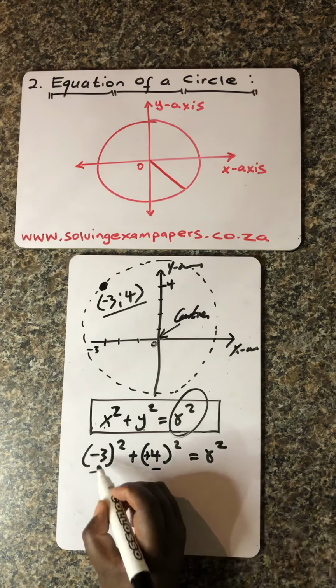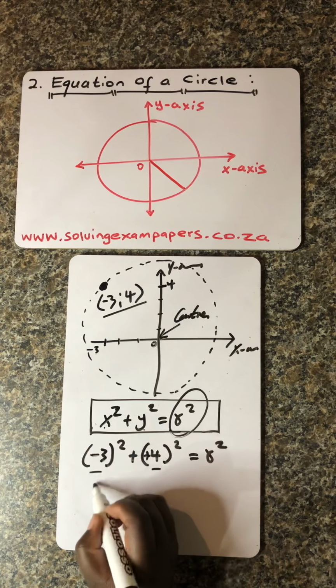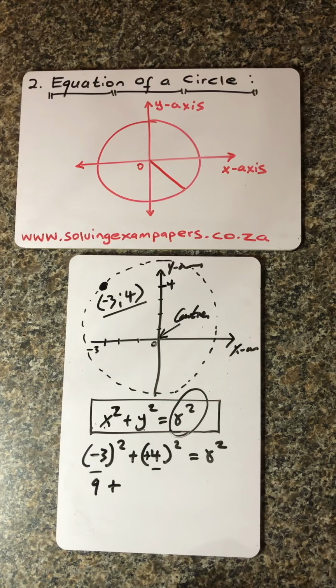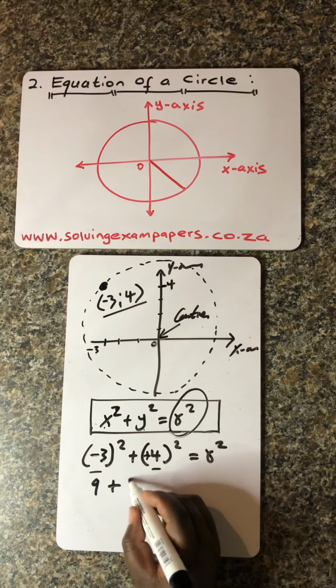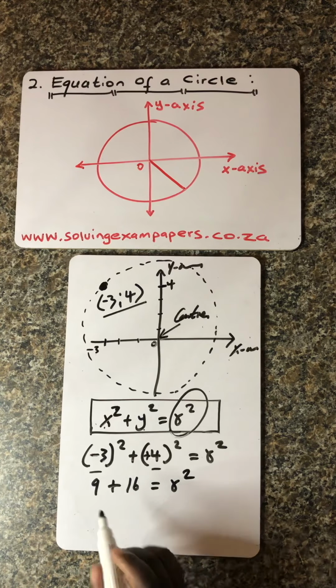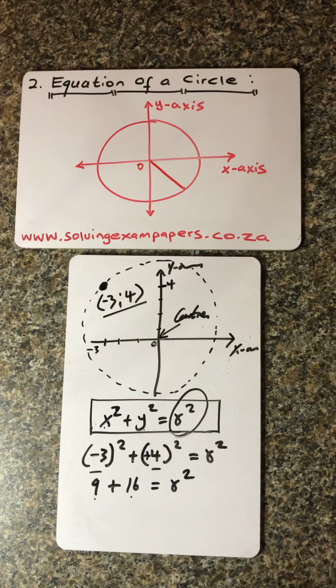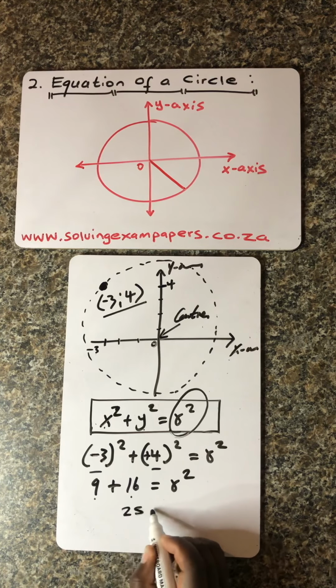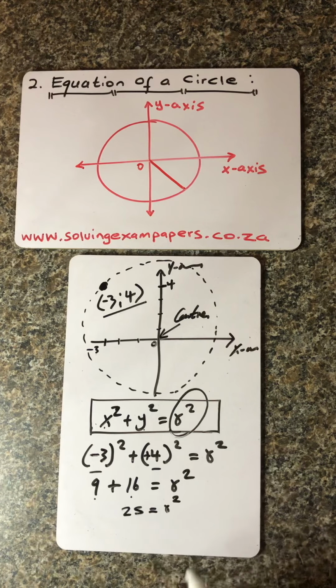Okay, so obviously guys, negative 3 squared is positive 9 if you punch it on a calculator. 4 squared is equal to 16. This is equal to r squared. You just add these two. I think it should be 25, which is equal to r squared.